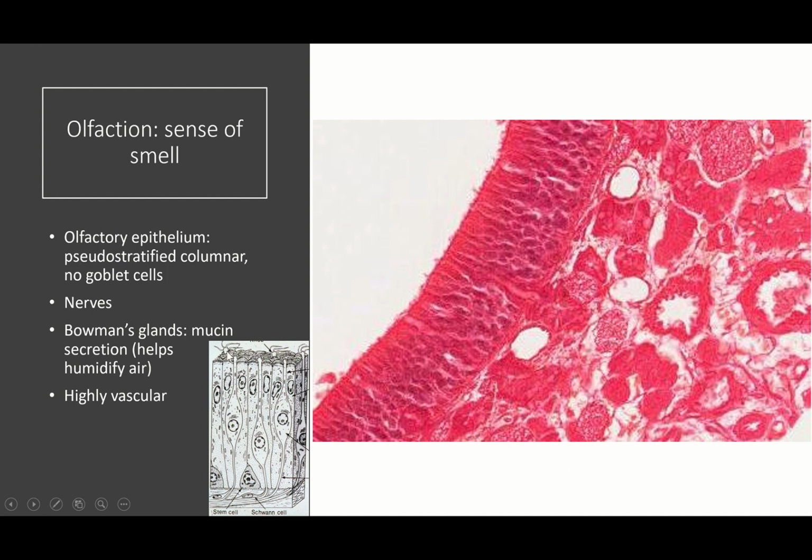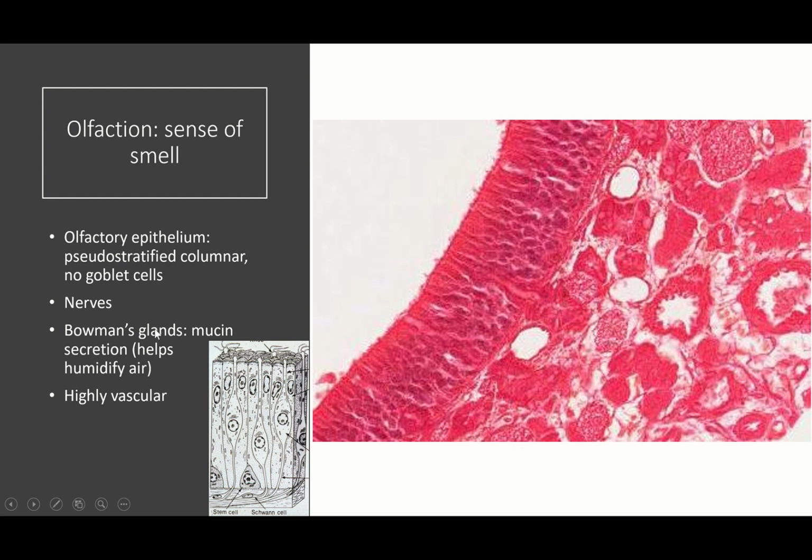And then at the top, it has all these little nerve endings projecting out of it. Okay, so it's not the same as cilia that we're going to see in a second in the respiratory epithelium. But it has tiny little nerve endings poking out. And that's again to help you transmit whatever signals, whatever you're smelling up here to your brain, right? And so we also have nerves down here below the olfactory epithelium. So these are going to be little bundles of nerves picking up all of those signals of whatever you're smelling.